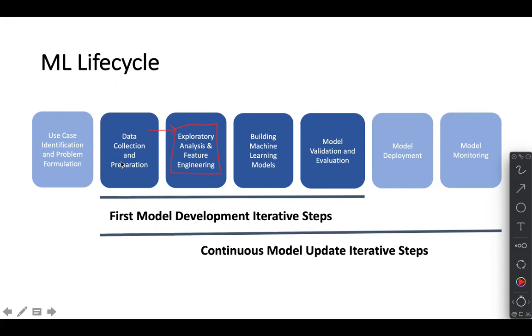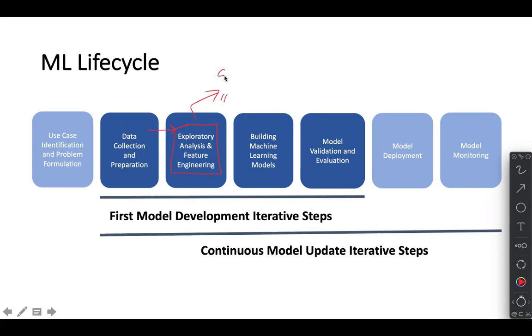Do they really affect the outcome or not? Or what is the data quality? Are there any missing values? Are there any outliers that you have to deal with? Do you need to derive certain features, or do you need to transform certain features, right? Look at the distribution of the data. All these steps have to be done through exploratory analysis.